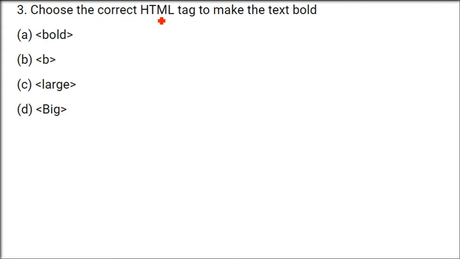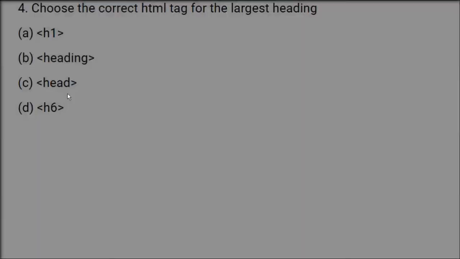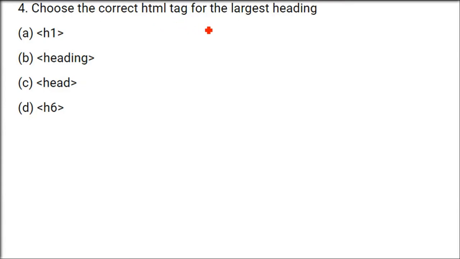Choose the correct HTML tag to make the text bold. To make the text bold, we have seen this B has to have end tag also. Choose the correct HTML tag for largest heading. So H1, it starts with 1, goes up to 6.